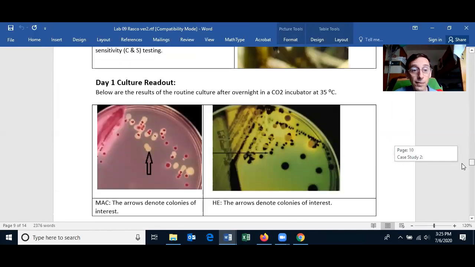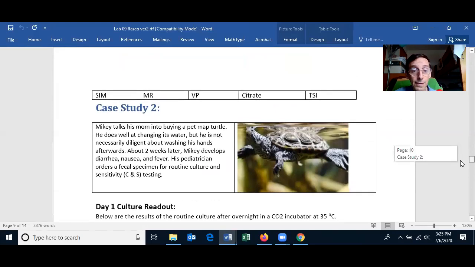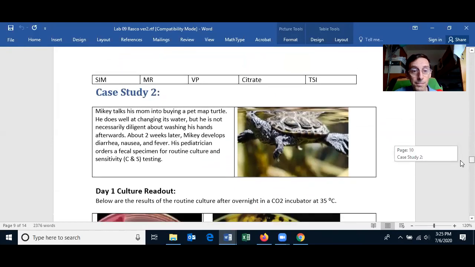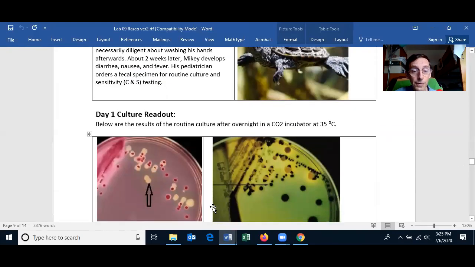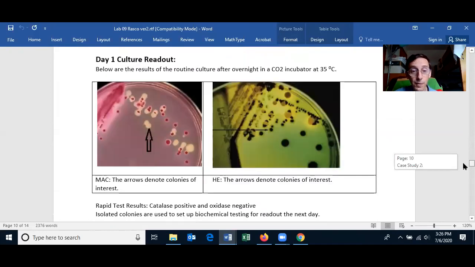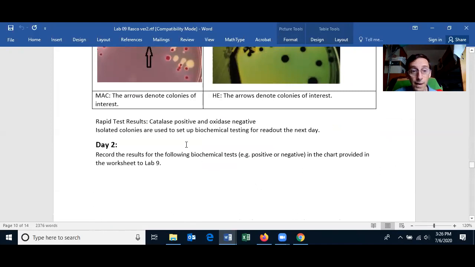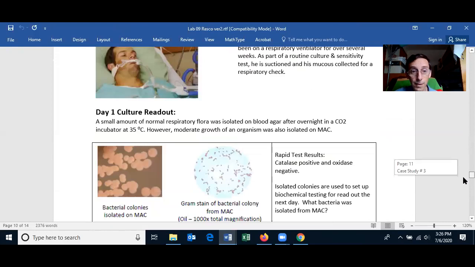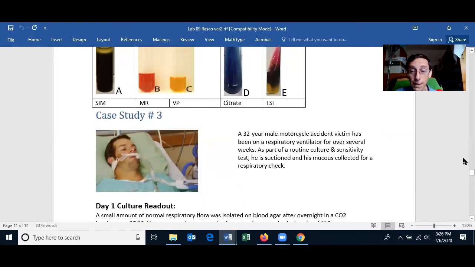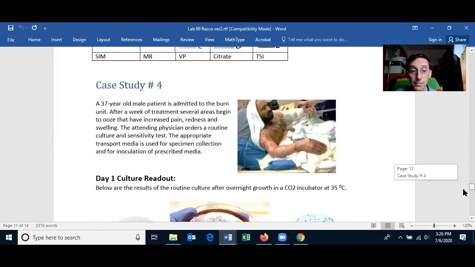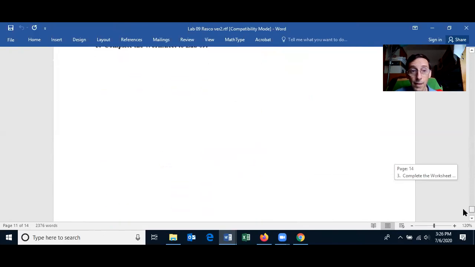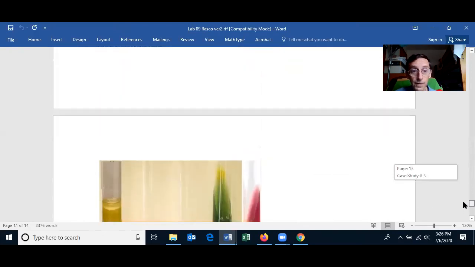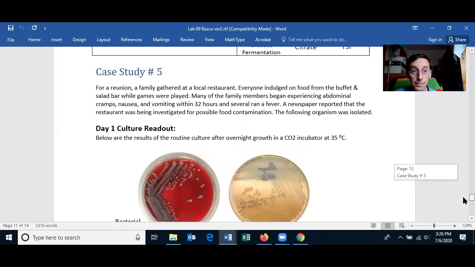Anyways, you're learning about the different cases and then you're doing certain tests in the case study to try and identify the bacteria and then isolate the bacteria. Tell me what the bacteria is which is causing the patient's infection. Any question about any of that? And I think there's 5 case studies. Yep.